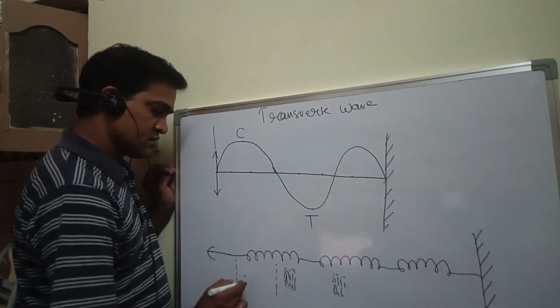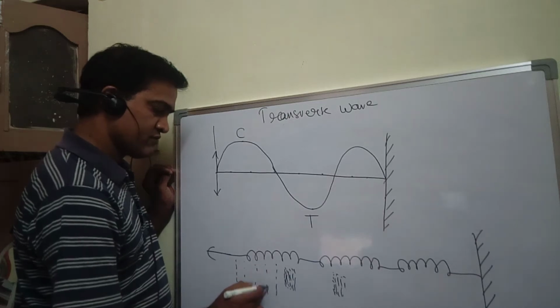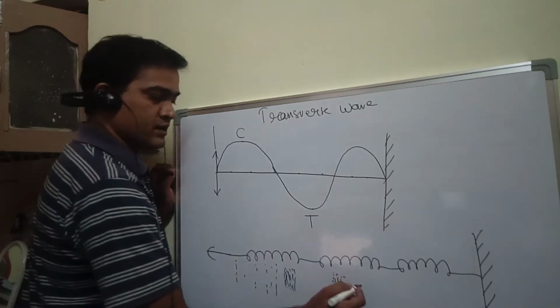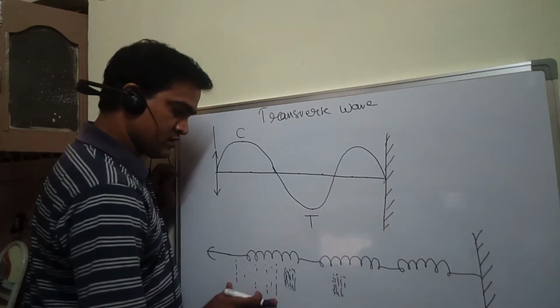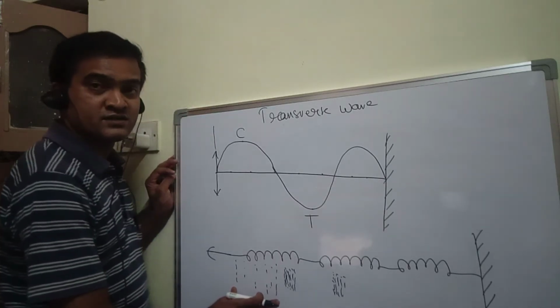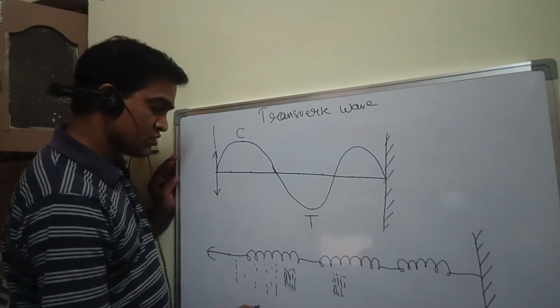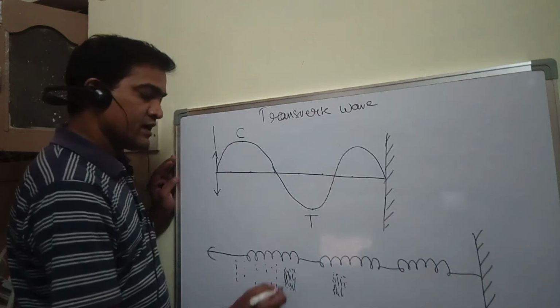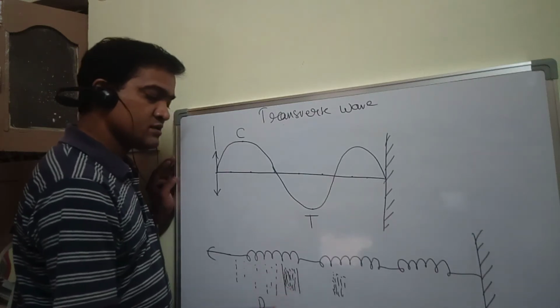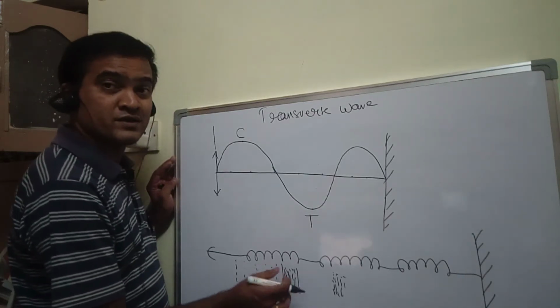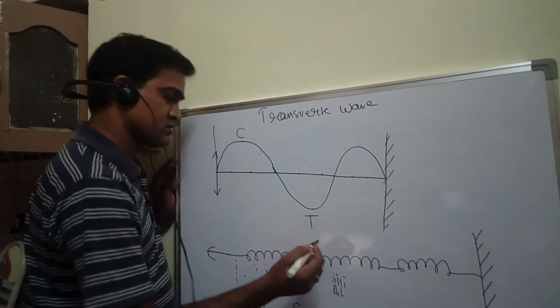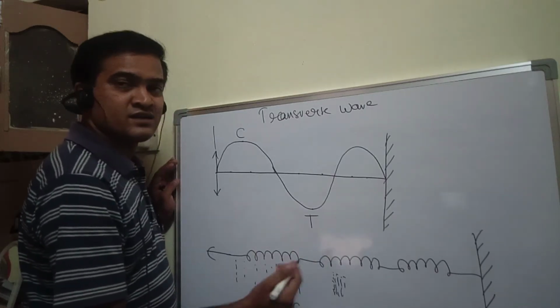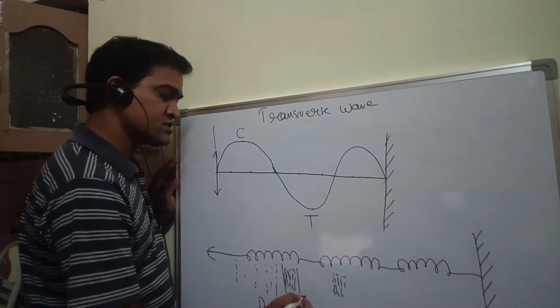In this portion the particles are moving away from each other. Again I will show you, this portion where the particles are moving away from each other is called rarefaction. And where the particles are coming closer, that portion is called compression. Again, like this you will find alternate rarefactions and compressions.